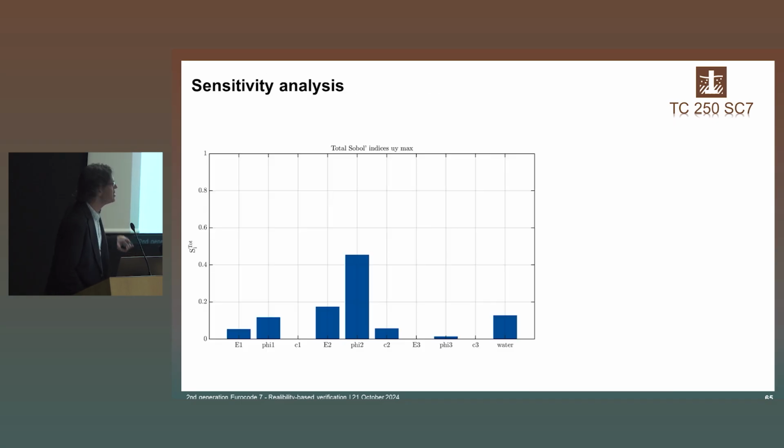First of all here, the sensitivity analysis. Remember, my engineering judgment told me that it would probably be soil number 2 which would be important, and my engineering judgment was obviously good.